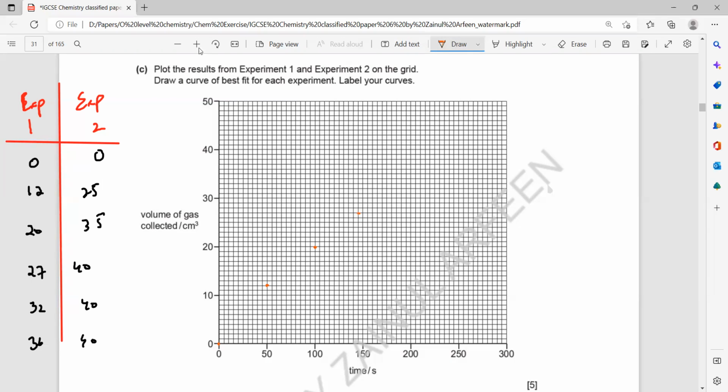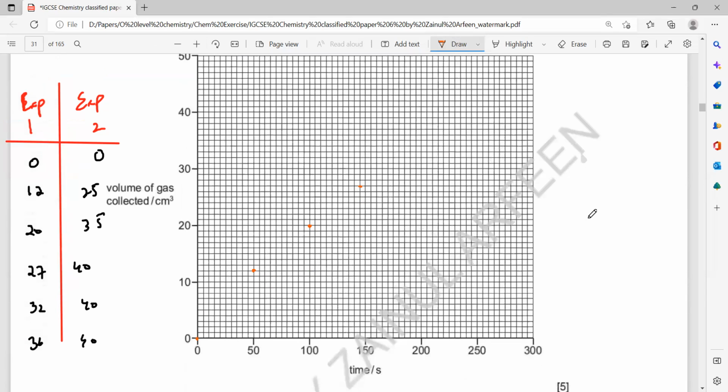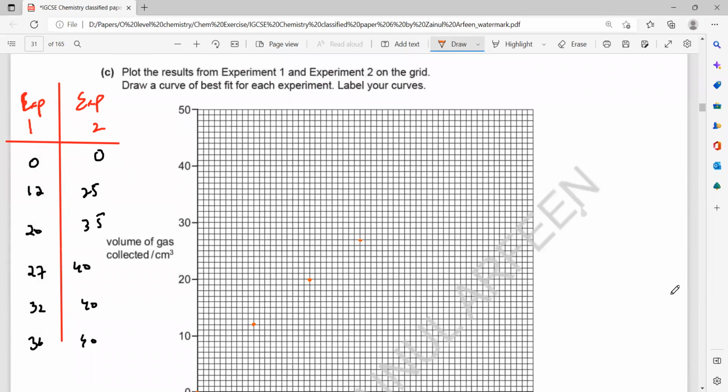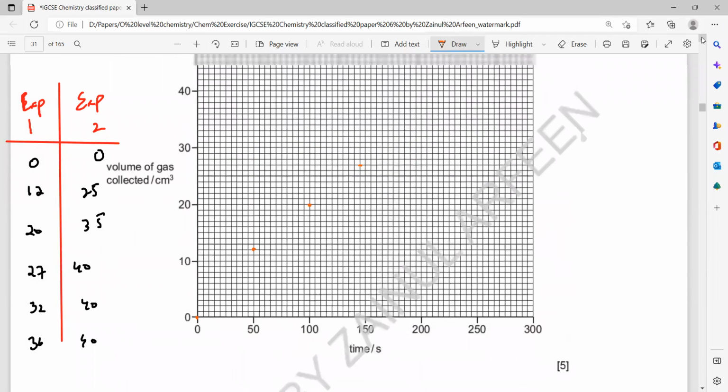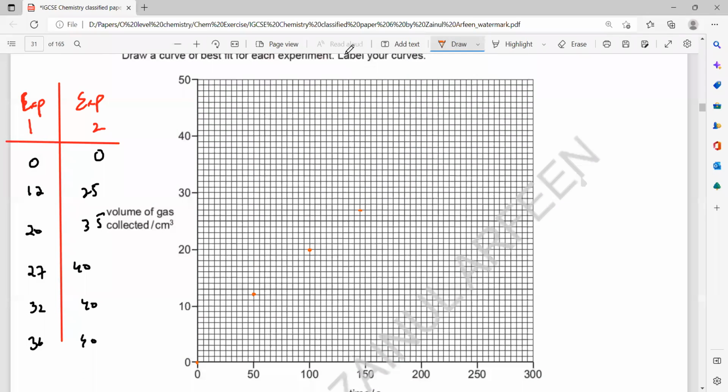I'll just zoom in. The points won't change as I marked them initially. Then it was 232. So 230.